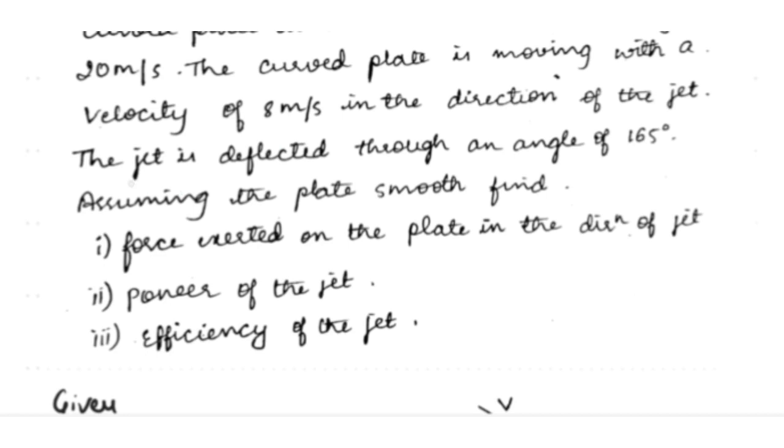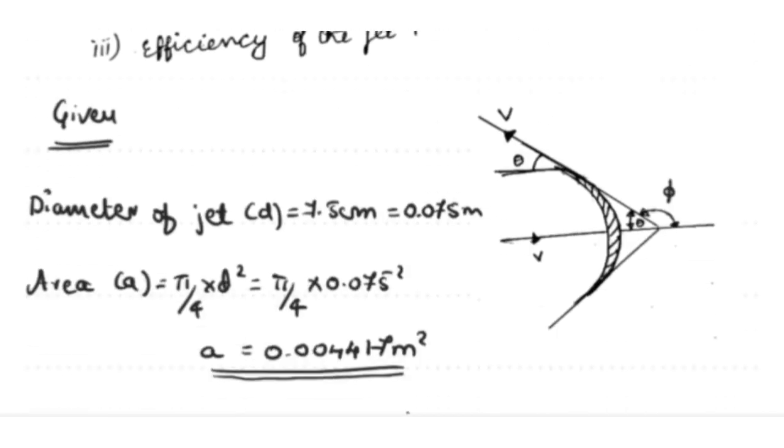The jet is deflected through an angle of 165 degrees. So what is this 165 degrees? That is nothing but this angle. You can see the jet is striking this curved plate at the center, and now the jet will move in this direction, so it will get deflected by an angle of phi. Whatever angle 165 degrees is given, that is nothing but angle phi. What we actually need is theta.